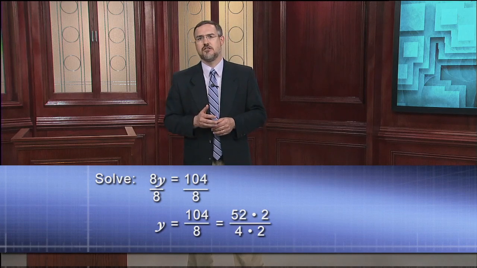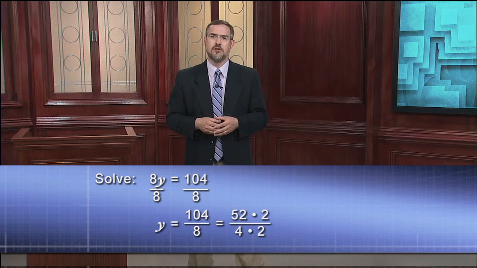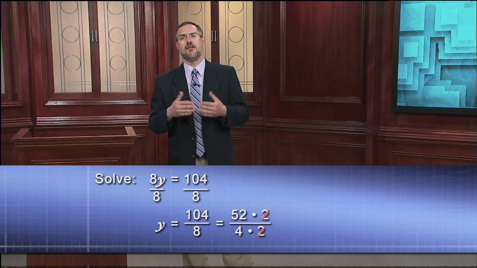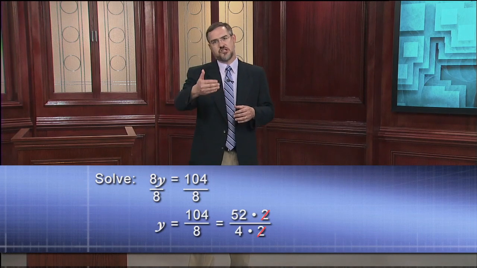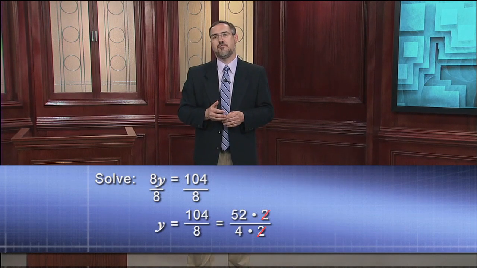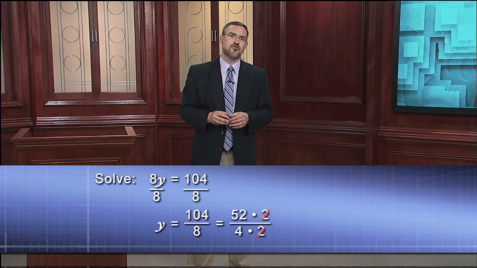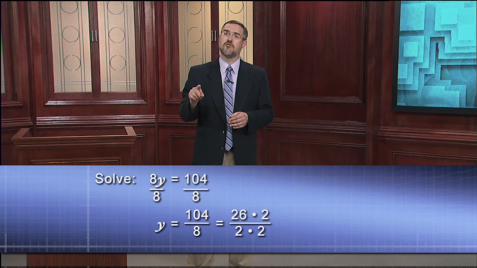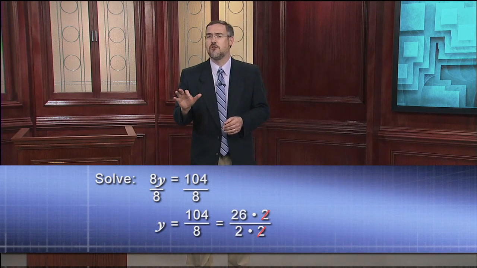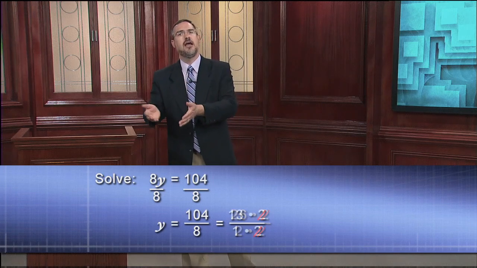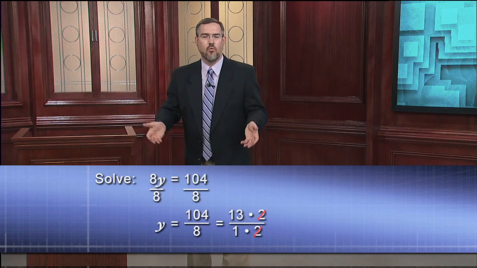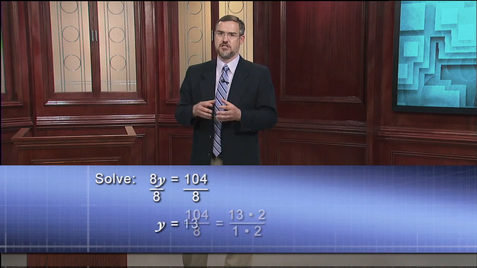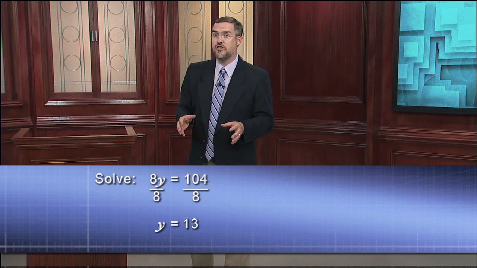If I factor a 2 out of the denominator, I'll have 4 times 2. I can then cancel those 2's, and I have 52 over 4. The same kind of process will allow me to reduce 52 over 4 to 26 over 2. And 26 and 2 are both even, so I can reduce again, and I'll be left with 13 over 1, or just 13. What does the equation then become?